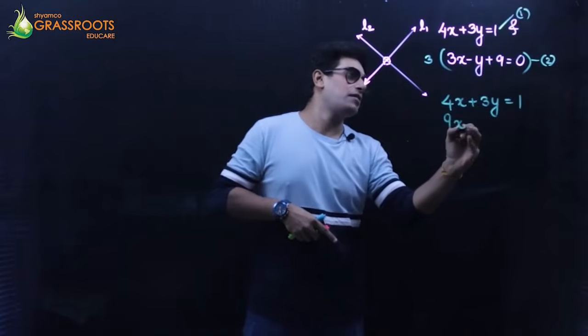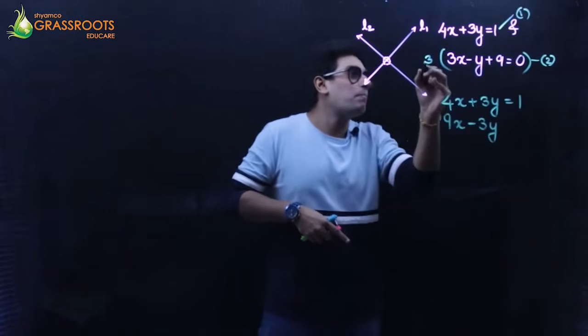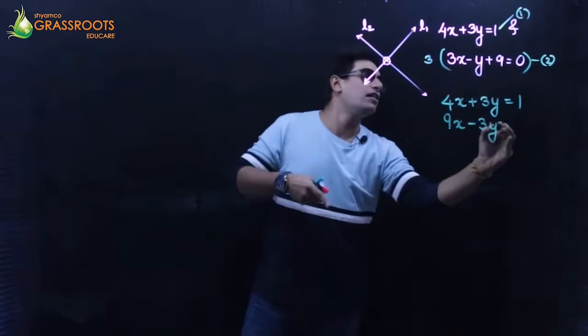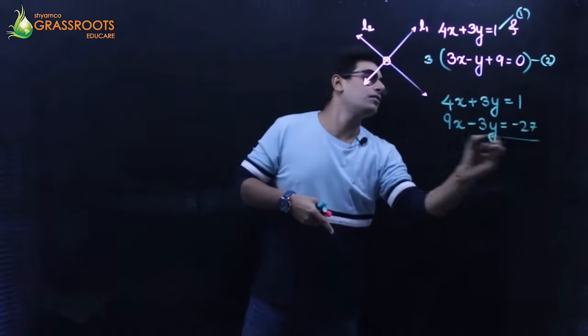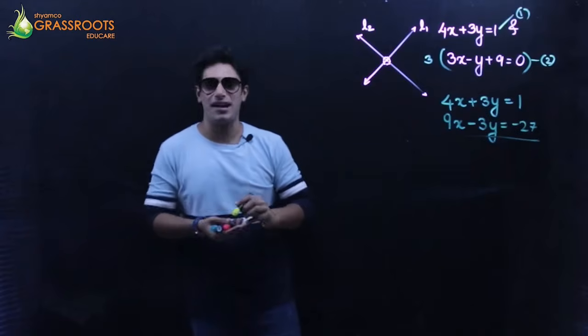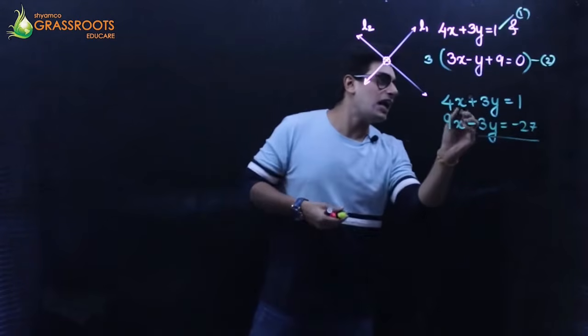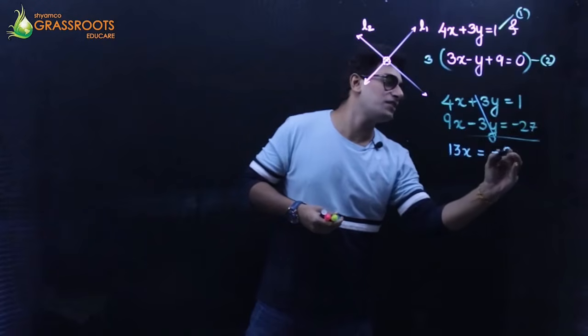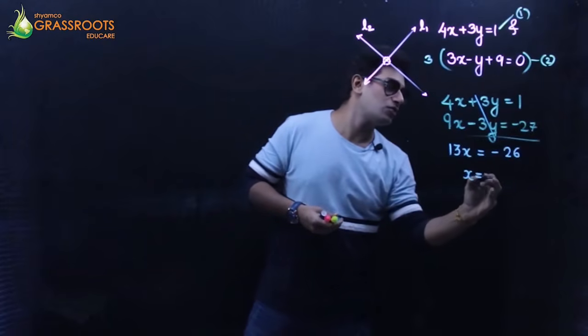Multiply: 9x minus 3y plus 27 equals 0, so plus 27 goes on the other side as minus 27. Just add them up. So I get, cancel, 13x is equal to -26. x is equal to -2.